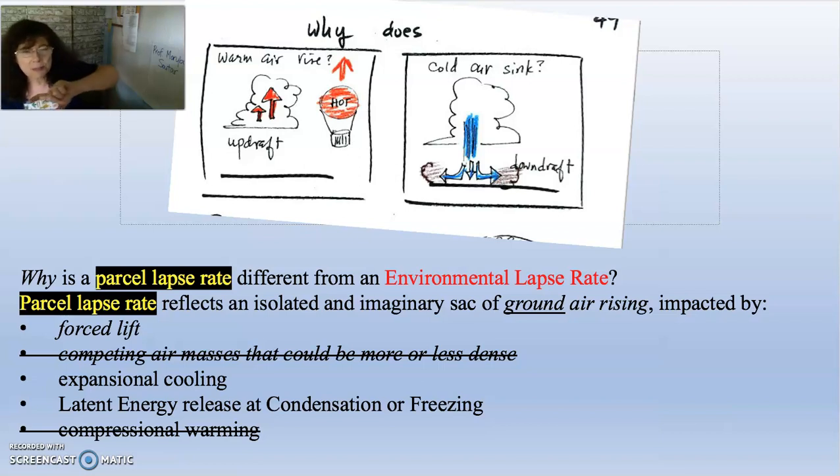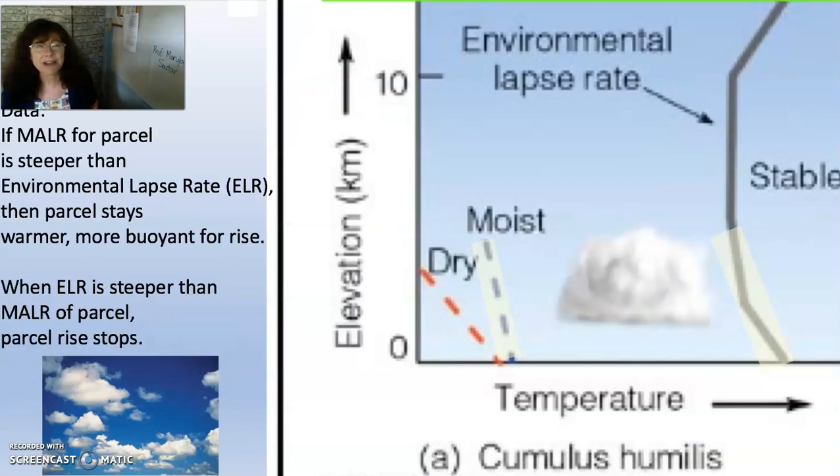In other words, we're going to take the dry adiabatic lapse rate and move it up to the lifted condensation level. And then we're going to take the moist adiabatic lapse rate and figure in latent energy release with condensation and freezing. Strictly a calculation.